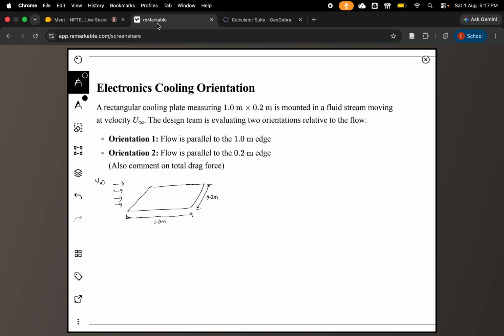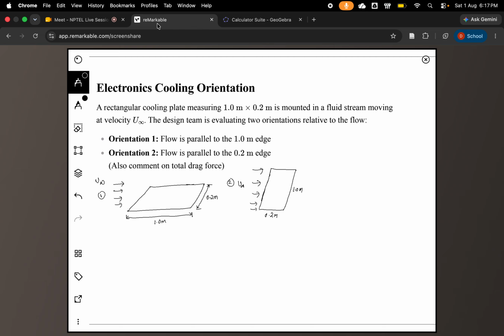I can do it in two ways. One configuration is this. The other configuration is I can just rotate it 90 degrees so that the plate becomes like this, where you have this as 0.2 meter and this as 1 meter and air flows in this way. This is orientation 1 and this is orientation 2.